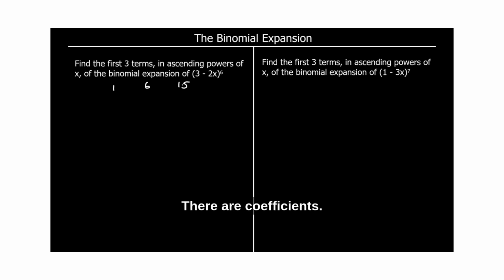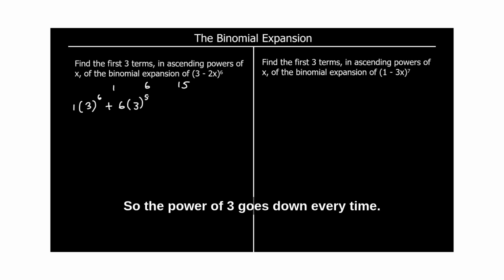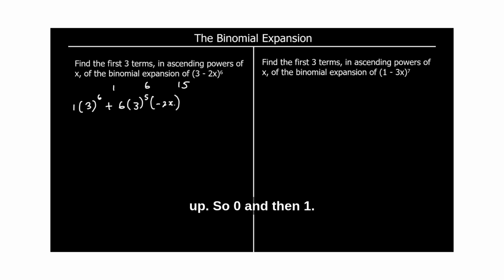There are coefficients. So we've got 1 times 3 to the power of 6. And then we've got 6 times 3 to the power of 5. So the power of 3 goes down every time, and the power of negative 2x goes up. So 0 and then 1. And then 15 times 3 to the power of 4 times negative 2x squared.